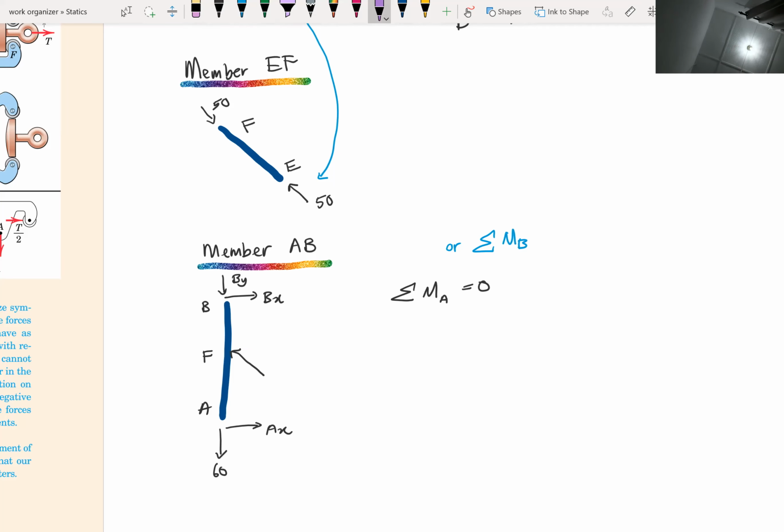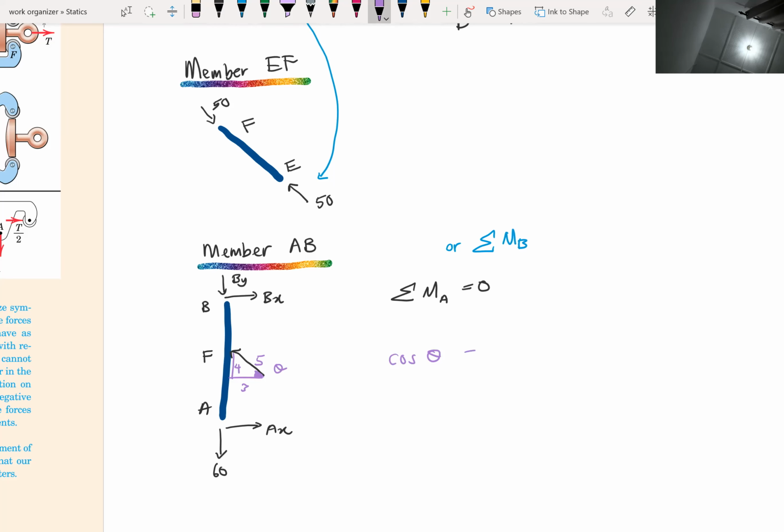Before this we know this is 4, this is 3, this is 5, and then we have, let's say, theta here. So let's say you want to determine the cos theta.